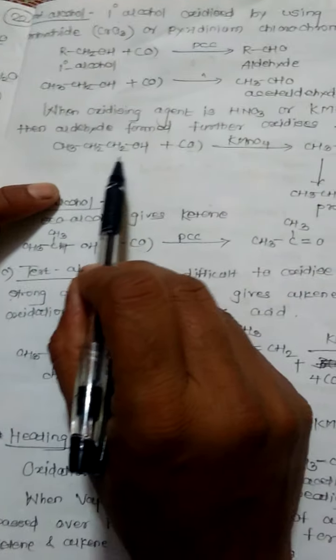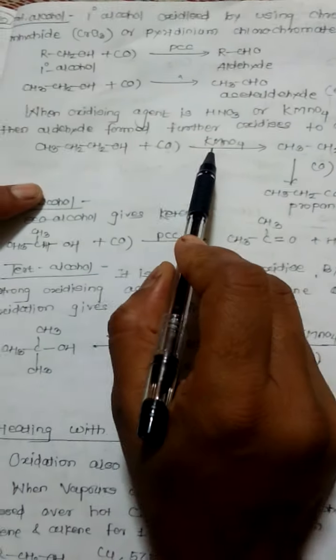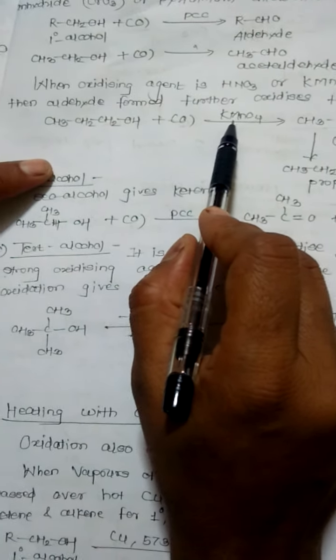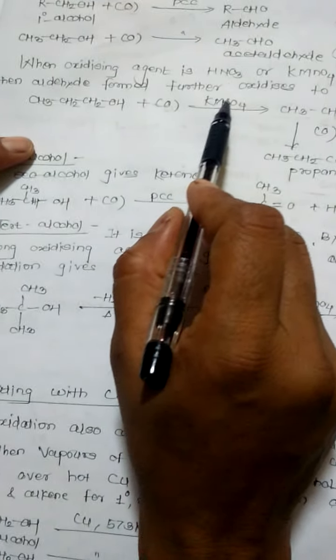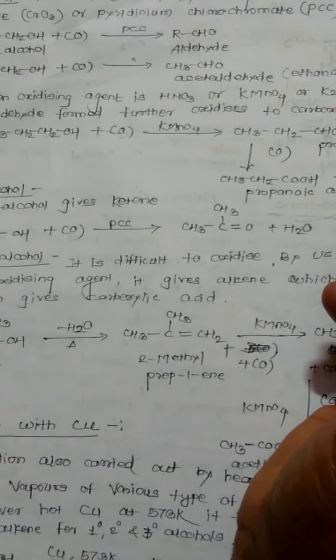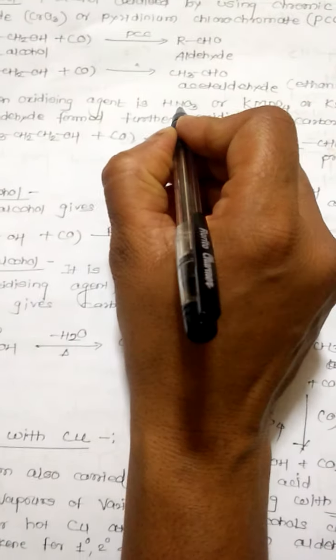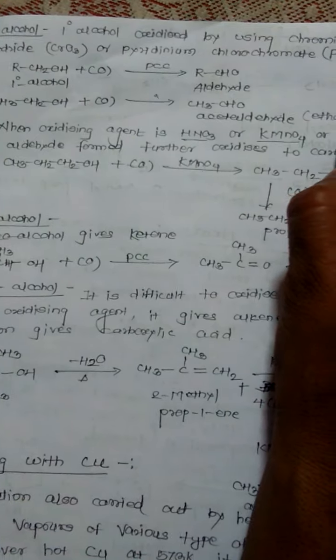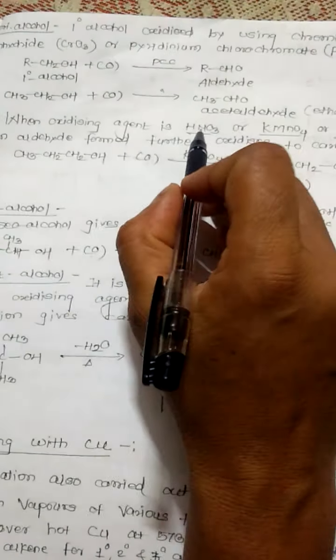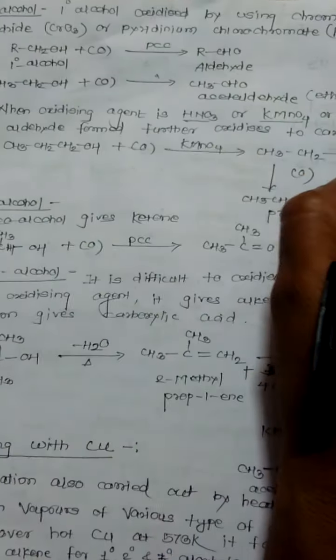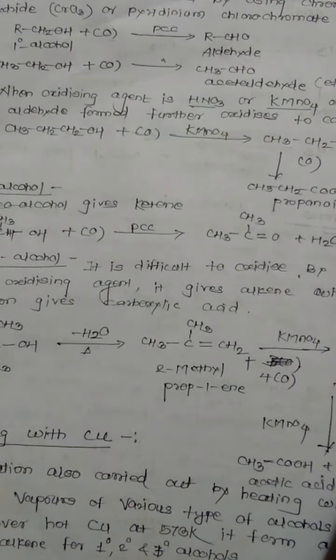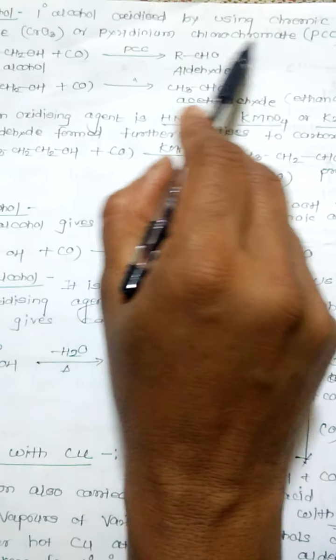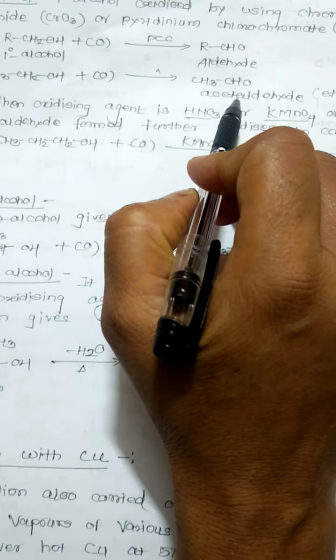Now, when we take the primary alcohol propyl alcohol, other oxidizing agents are used: potassium permanganate, or alternatively K2Cr2O7 or nitric acid. These are also 3 good oxidizing agents: nitric acid, KMnO4, potassium dichromate. What is the difference between these and the earlier catalysts? Chromic anhydride and pyridinium chlorochromate only form the aldehyde and stop the reaction there.